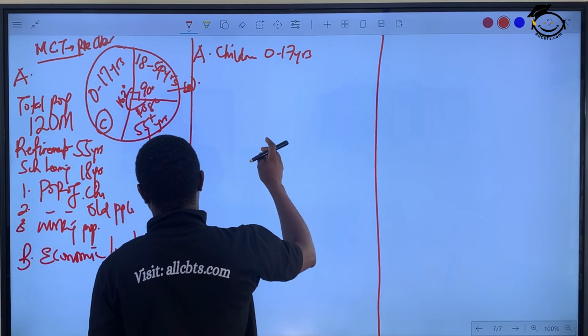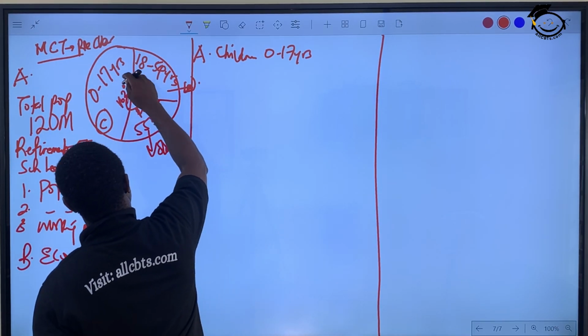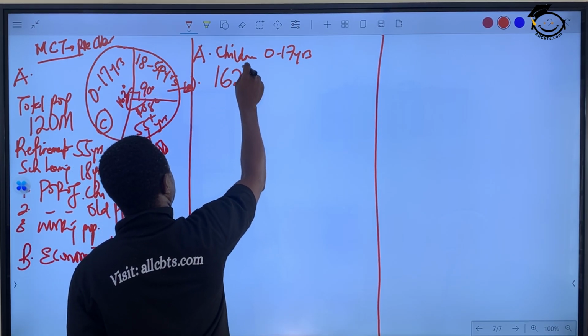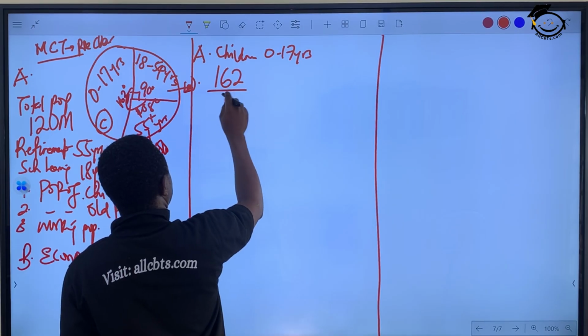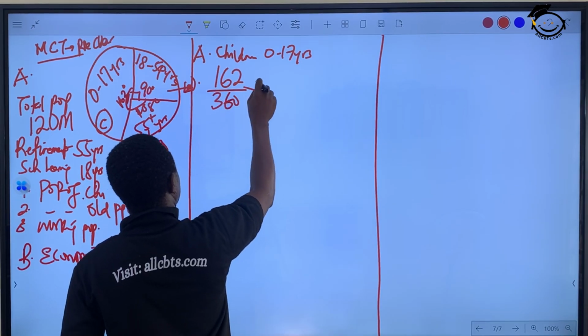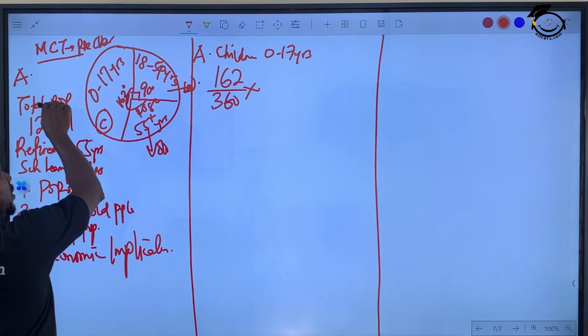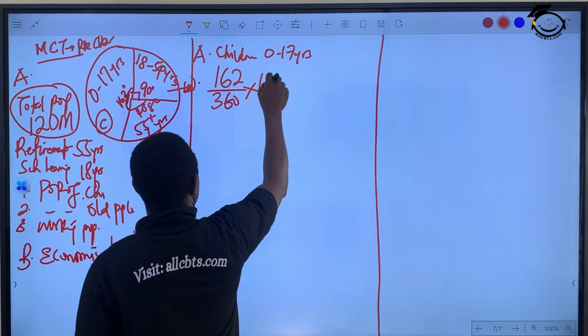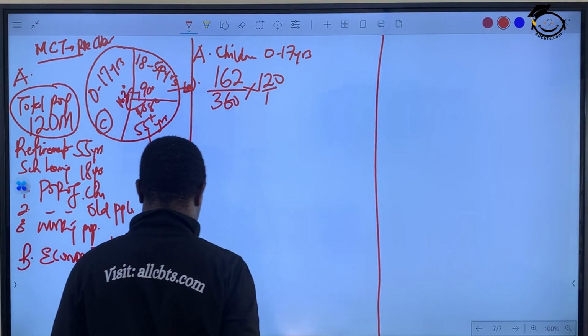So, how many children do you have here? Well, 162 degrees. The degrees means 360. 162 over 360 multiplied by the total population. I told you this is very vital, which is 120 million over 1. Are you with me?